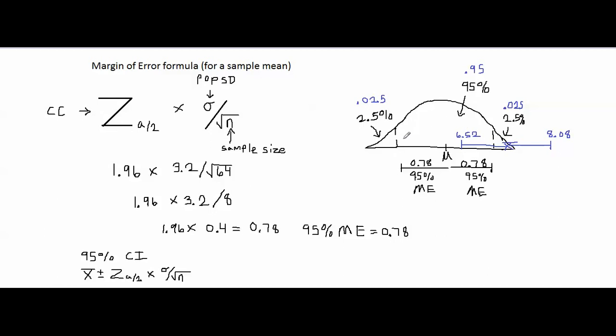And that means that over time, 95% of the confidence intervals that I create will end up capturing the population mean. Only 2.5% of the confidence intervals that I create will end up down here, too low, and only 2.5% of the confidence intervals that I create will end up here, too high.